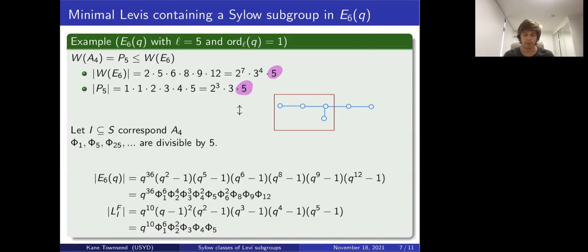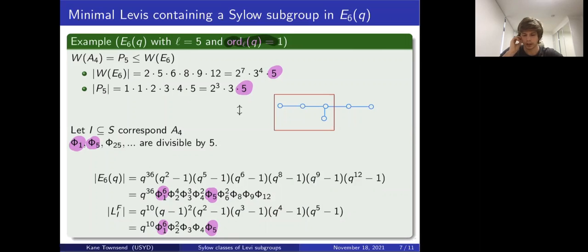But then when we go to the finite reductive group setting, when the order of q mod l is equal to 1, we know that the cyclotomic polynomials divisible by 5 are exactly these ones, and we just need to make sure that these are preserved, which indeed they are, by just calculating based on the degrees. And then you just check that there's no other parabolic subsystems that will give you a smaller Levi subgroup.